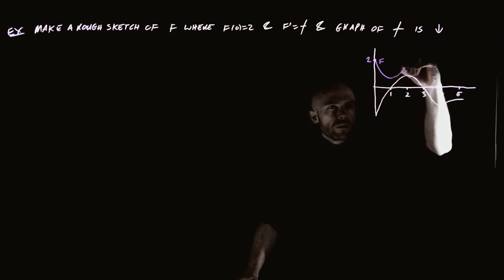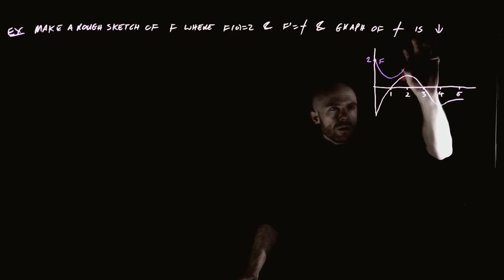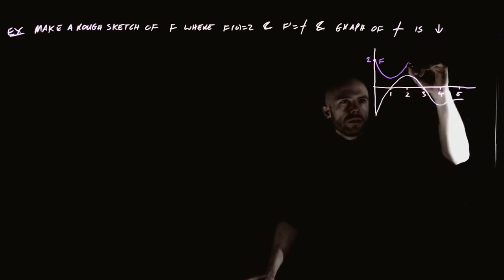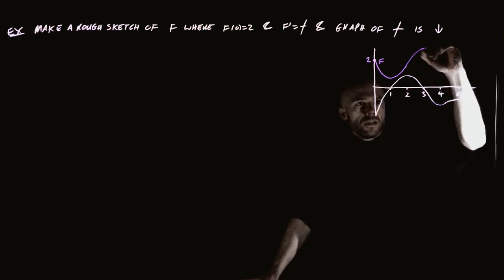Slope is increasing, increasing, increasing, with the steepest slope, but don't make it too steep, occurring here at 2. And then from 2 to 3, the slope is still positive, but now it's decreasing. So it's still growing, this function, but the slope is less and less positive until when we reach 3, the slope is actually 0 right here.